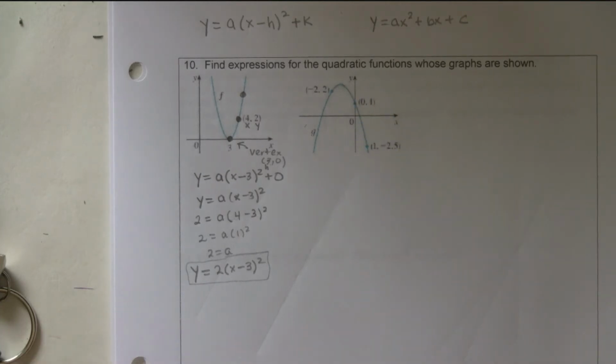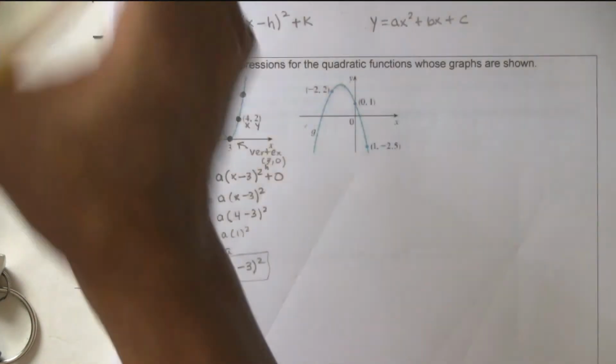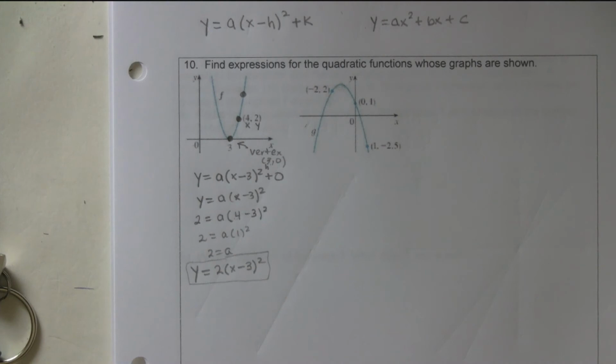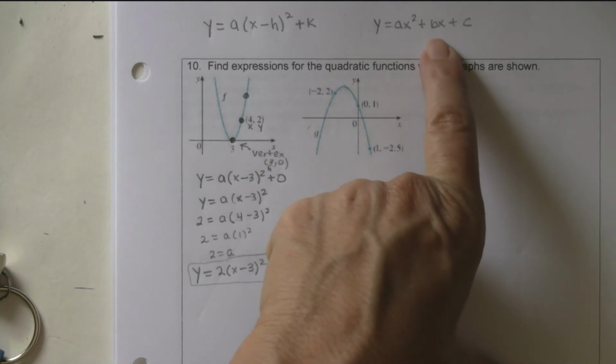We might be able to guess at the vertex and say that we think the vertex is at -1, and we might be right on that, and we might not be right on that. I don't think that we can automatically say that and then use it. And so we'll be able to know the vertex after we find the equation, though. So what we're going to have to use is this one.